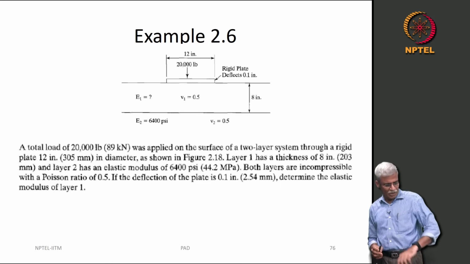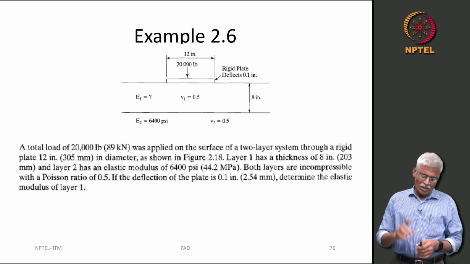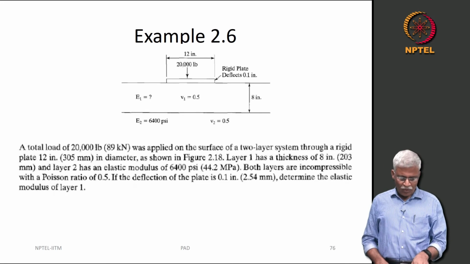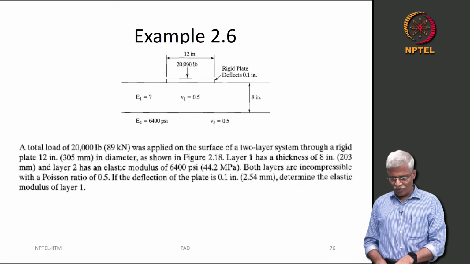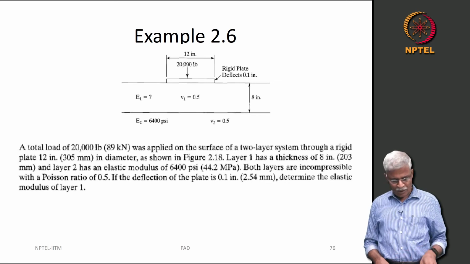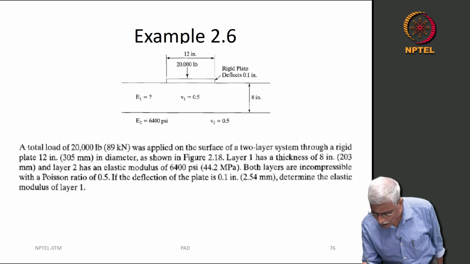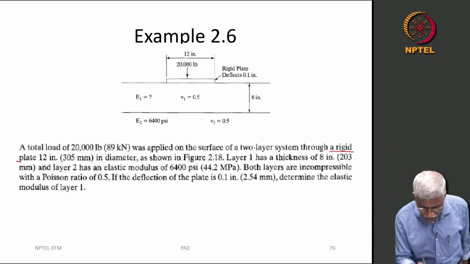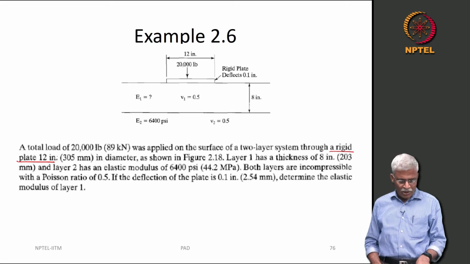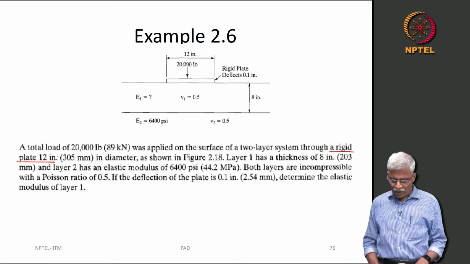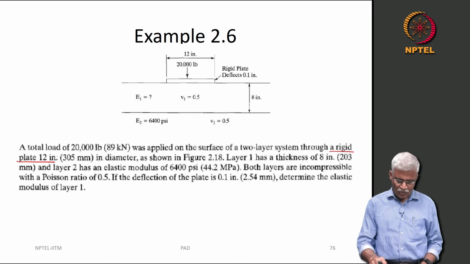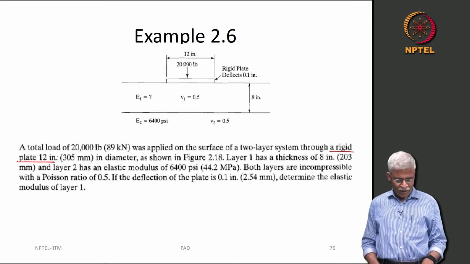what you are going to see here is a total load of 20,000 pound was applied on the surface of a 2-layer system through a rigid plate. So, you need to be careful here, 12 inches in diameter as shown. Now, layer 1 has a thickness of 8 inches, layer 2.